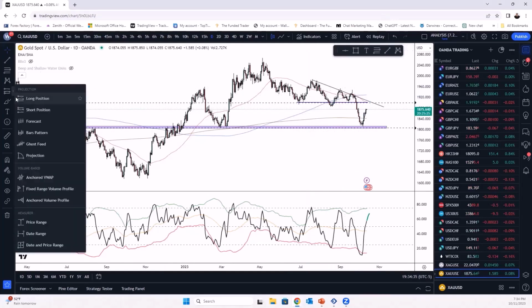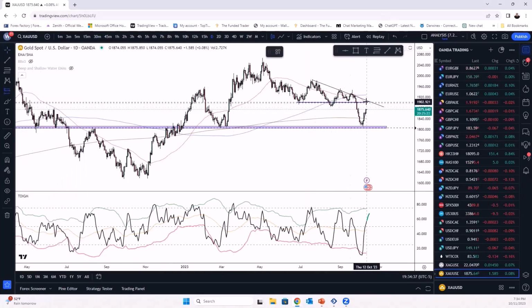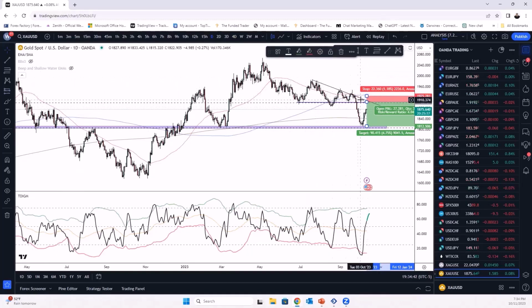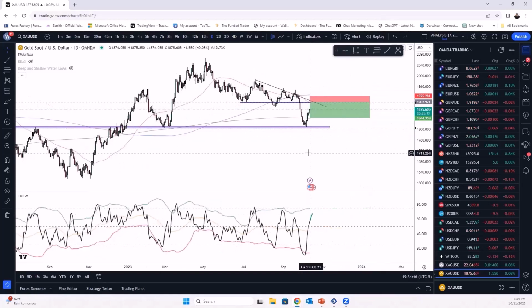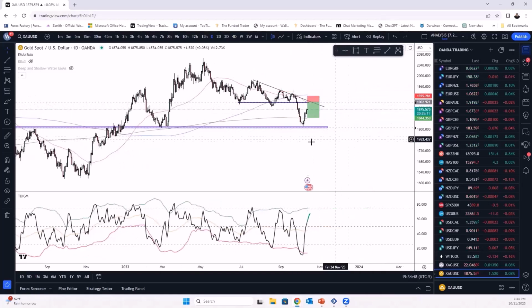So we would be looking for a short position at the 50 for trend continuation to the downside. And we would just go to the closest MA on that same time frame.